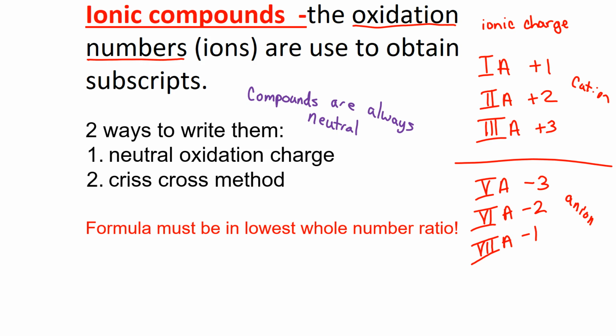For this one, I'm going to have to show it like this. Some compounds, you'll see something written like this. I have lead with a Roman numeral 4 following it, and then oxide. So lead 4 oxide.